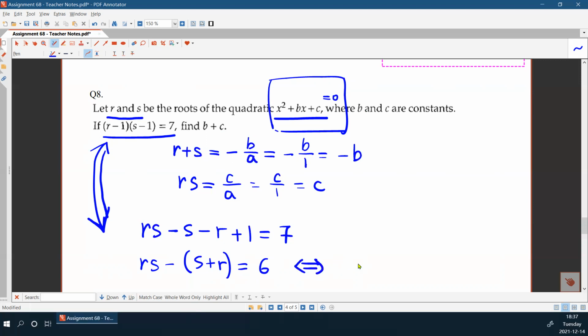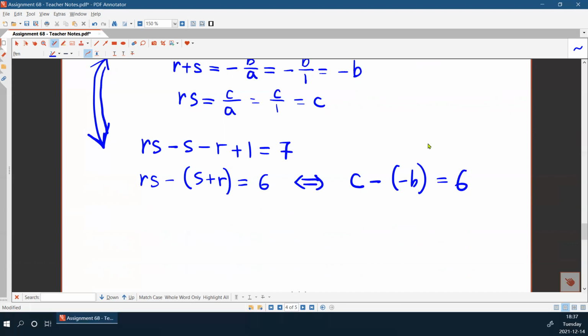So this is equivalent to c minus the sum of R and S, which is minus b, right? So c minus minus b, and this is 6. And this actually tells us that c plus b is 6, right?